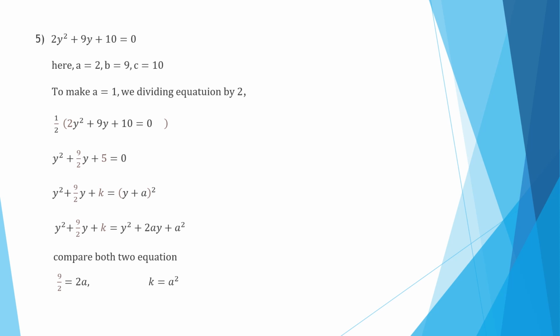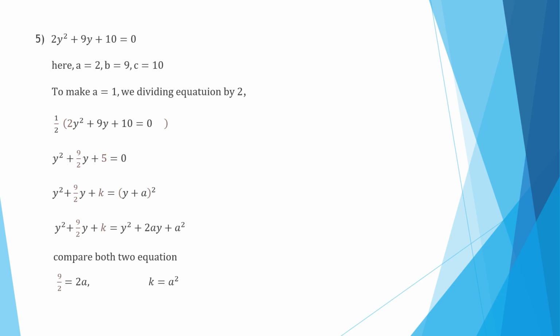Next question. The equation is 2y square plus 9y plus 10 is equal to 0. First we compare this equation with ax square plus bx plus c is equal to 0. The value of a is 2. To make a equal to 1, we divide the equation by 2.